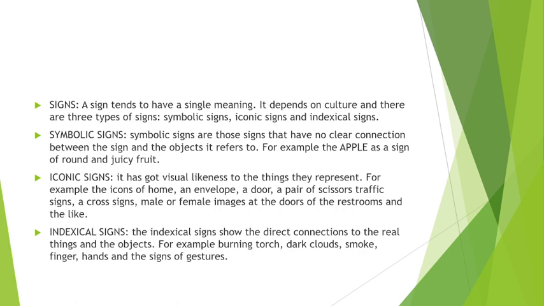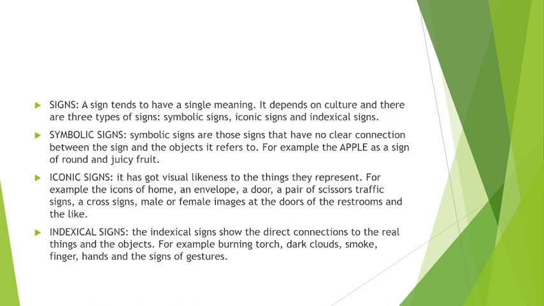Signs are divided into three types. A sign tends to have a single meaning, and it depends on culture. There are symbolic signs, iconic signs, and indexical signs. What are symbolic signs?